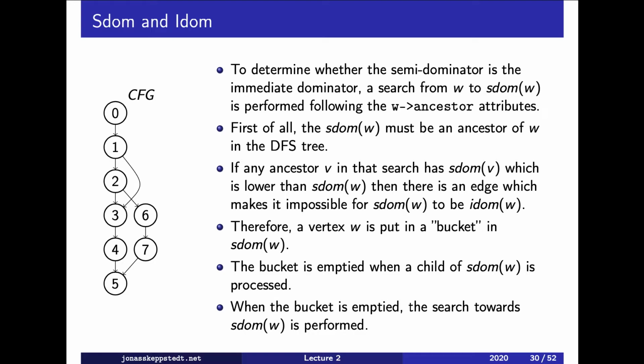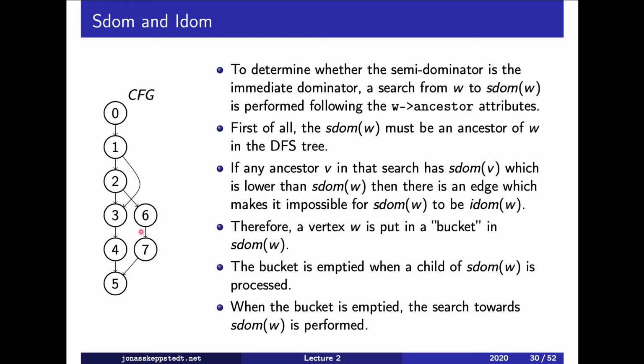This might be a little bit unclear. At one point, it's 6 which has 2 as semi-dominator. Then we process all the nodes which have 2 as semi-dominator, so we process this one. And then at another time, we have 5 as a node with 2 as semi-dominator. So we process all nodes with a certain semi-dominator, at multiple times.